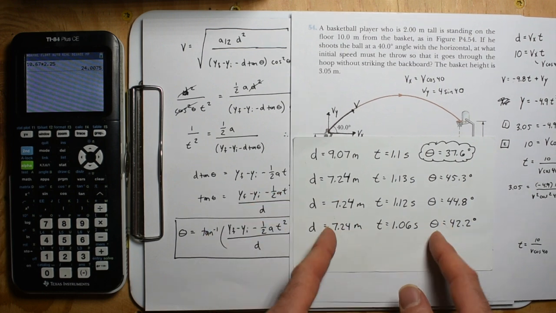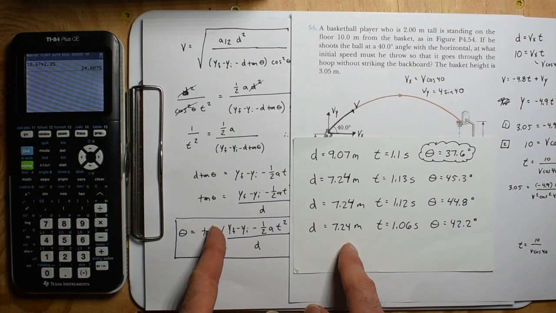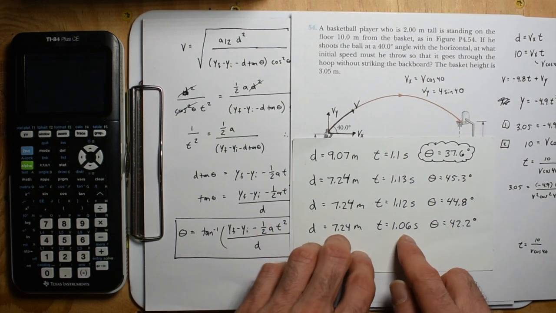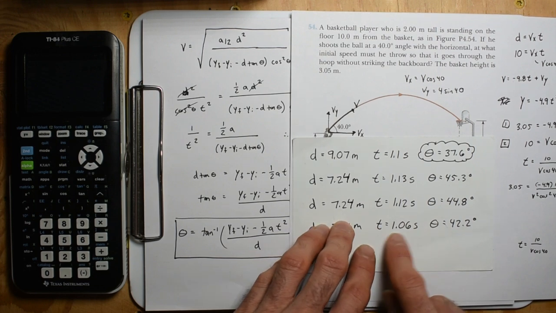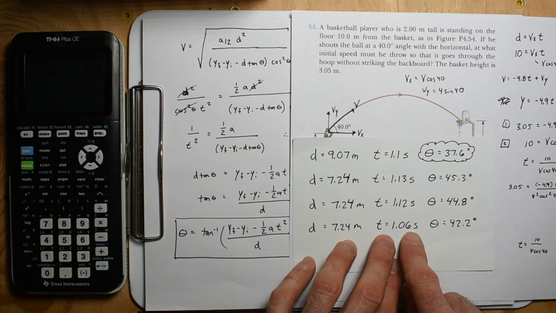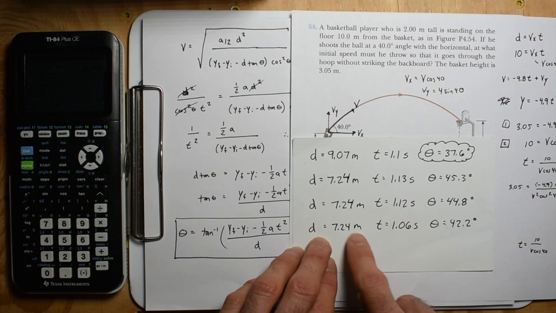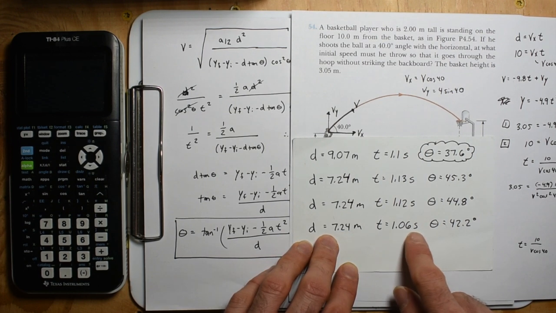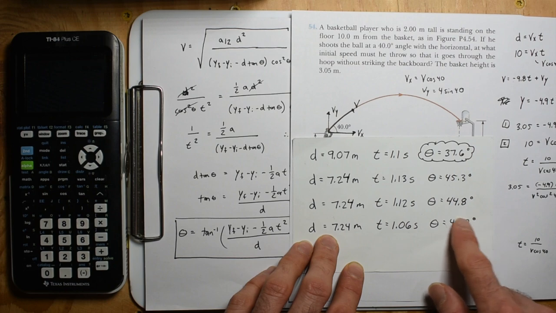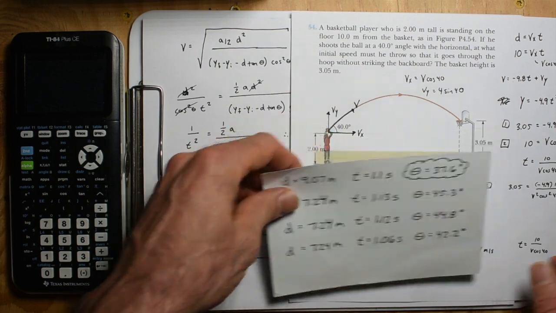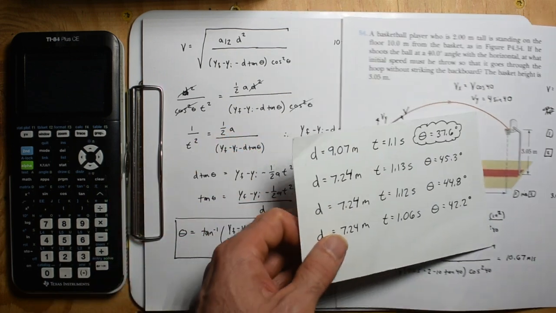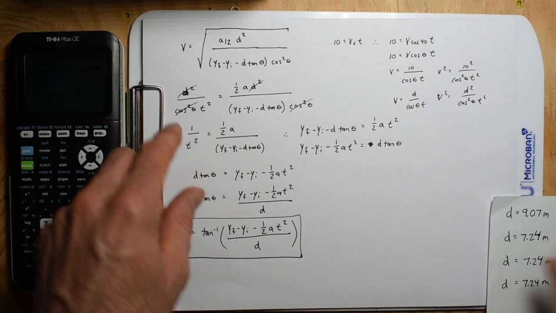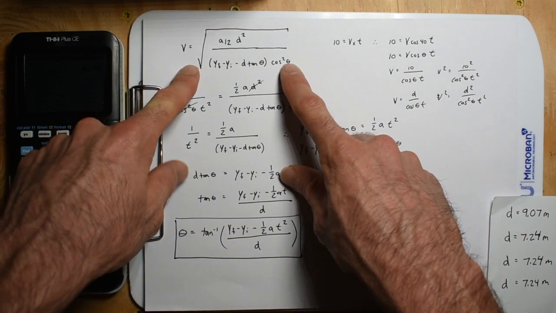Because it's YouTube, I can clip it, and then I threw it into my video editing software and made sure the time was correct. And so I got like 1.06 seconds. So at the three-pointer, the shortest time was 1.06 seconds with an angle of 42.2 degrees.